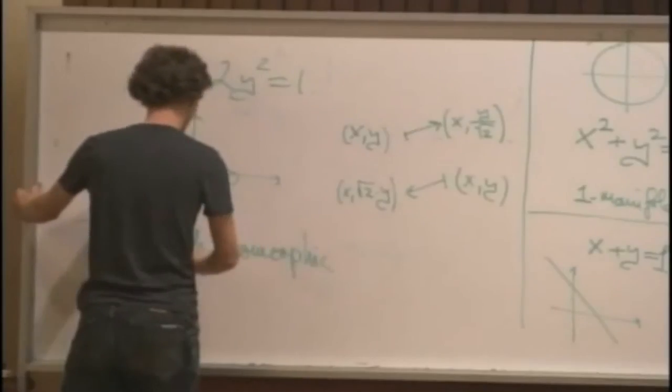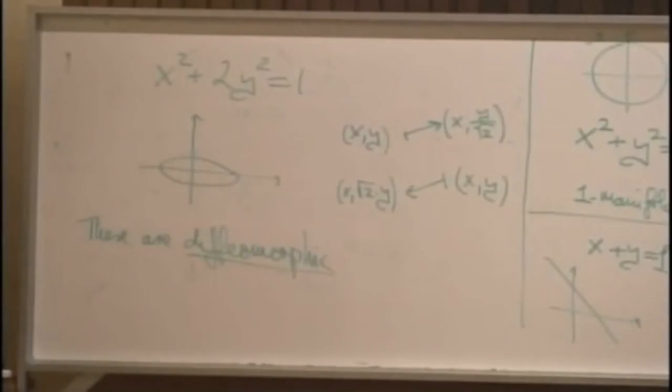And I want to distinguish between being equal and being diffeomorphic. Equality means equal, and diffeomorphic means the existence of a diffeomorphism. Well, you know the definition. No, not an ambient.